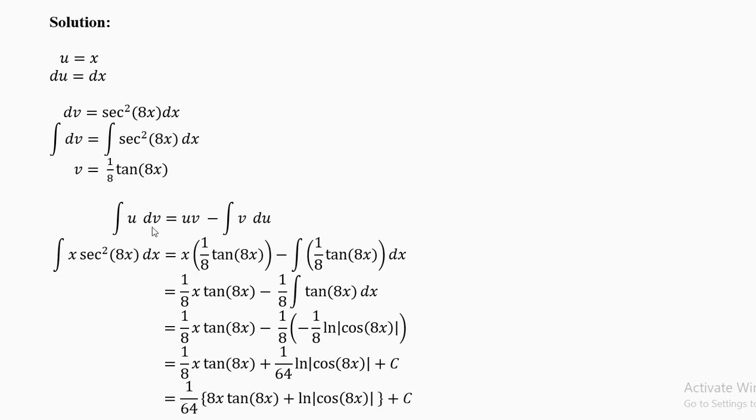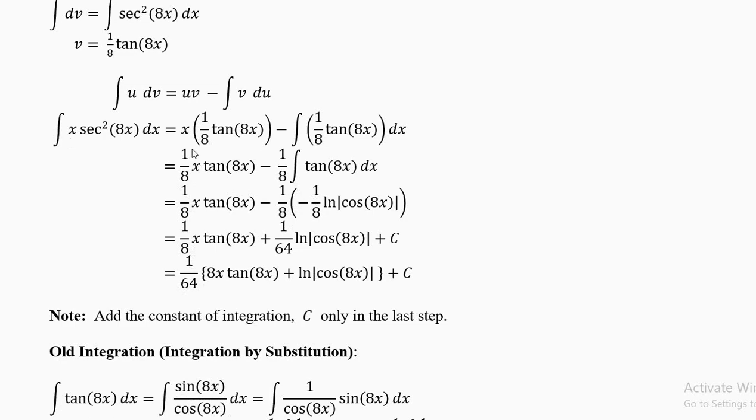Now your main rule is integral u dv, which is equal to uv minus integral v du. So put x into bracket 1 over 8 tangent 8x minus integral v du. 1 by 8 tangent 8x bracket close dx. Now open the bracket outside, which is 1 by 8 x tan 8x.